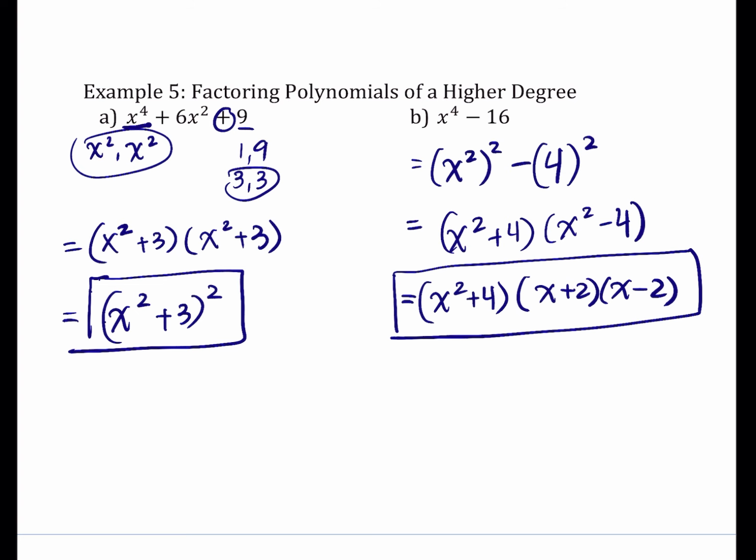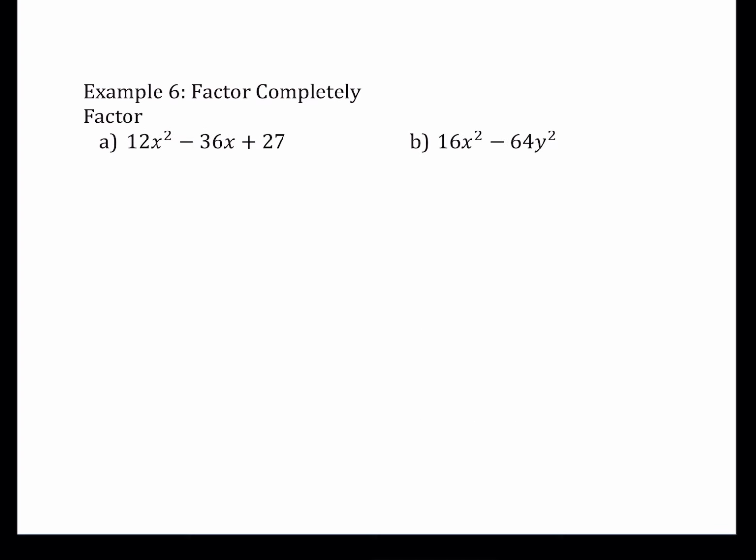Okay, moving on to our last example, factoring completely. So these are ones, you notice we have much higher numbers. The higher the numbers are, the more difficult it is to do. So basically what we're going to do is first look, what do each of them have in common? So 12, 36, and 27, all of those numbers are divisible by 3.